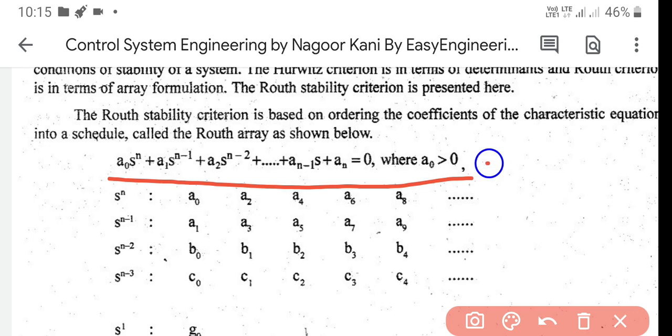Based upon this characteristic equation, you now frame the Routh array.